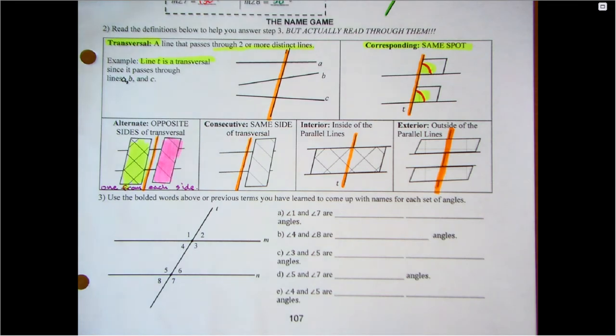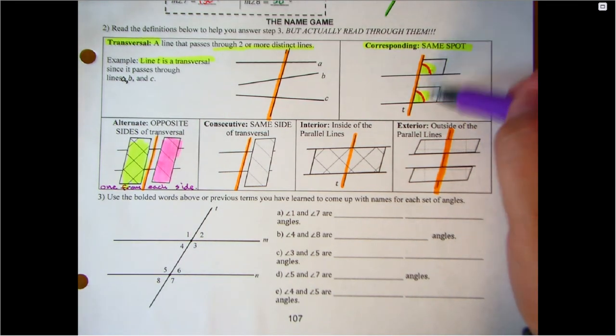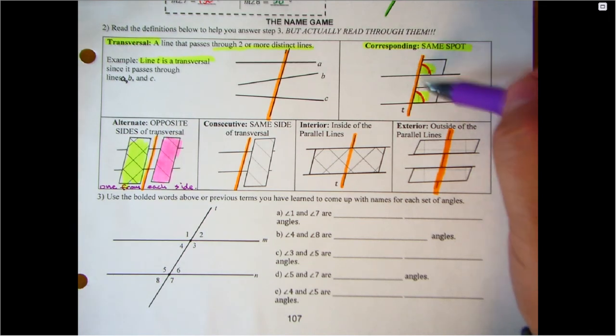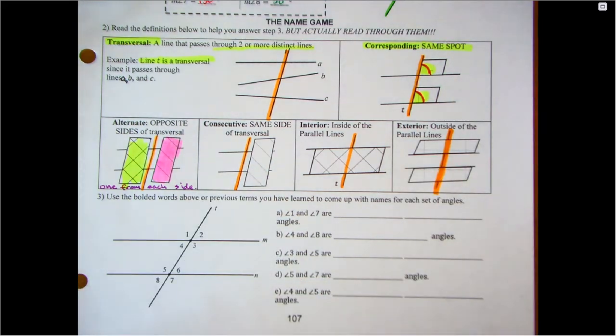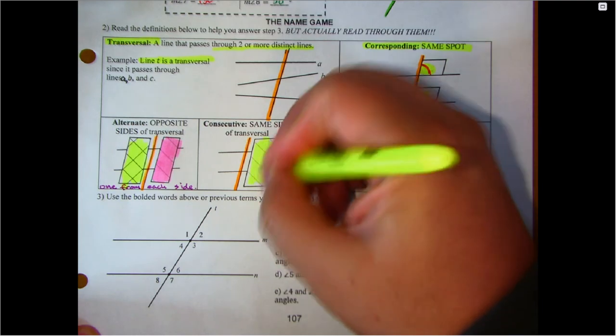Okay. So very different than here, right? If you think of it, corresponding, they were kind of on the same side of the transversal, but they also had to be in the same location within these 4. Now, consecutive. Consecutive means both angles come from the same side. So in this case, we're just using this as an example, but what they're saying is, look at that.